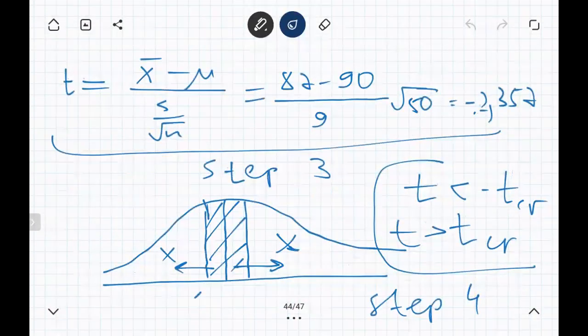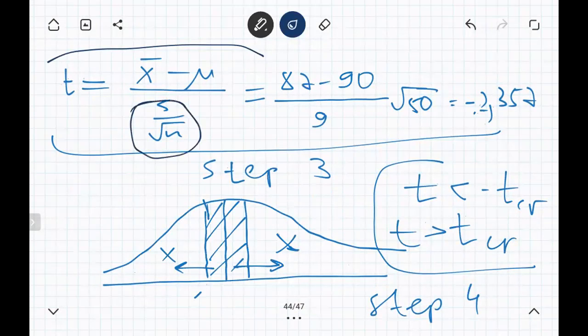Yes, I just used the formula. Sample mean minus population mean divided by sample standard deviation over square root of sample size. Oh, got it. Thanks. That's all.